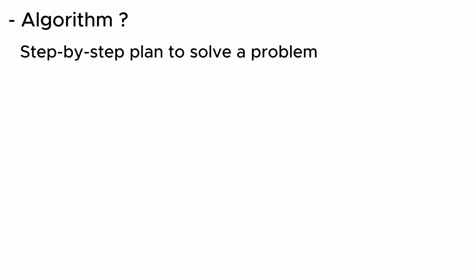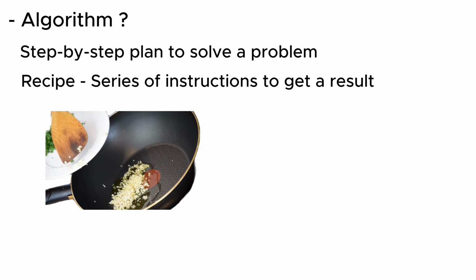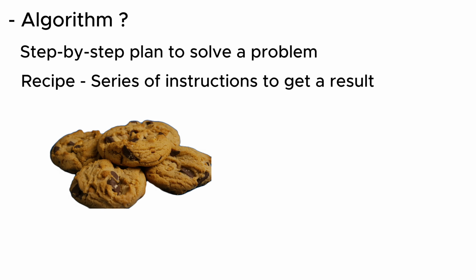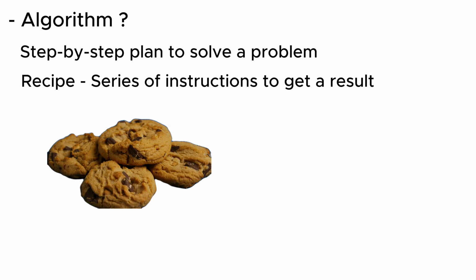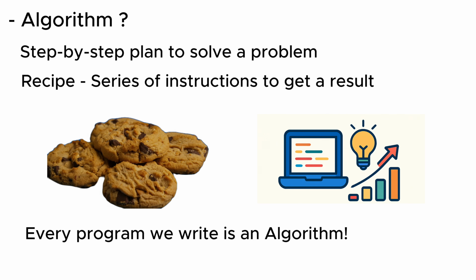So our next key term is, what is an algorithm? An algorithm is just a step-by-step plan to solve a problem. It's like a recipe. You follow a series of instructions and at the end you get a result. Every program we write is basically our algorithm written in code.